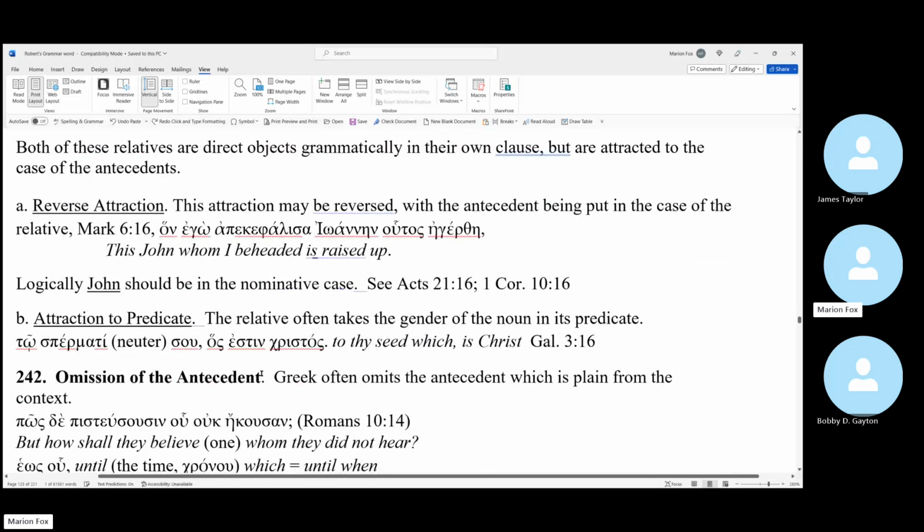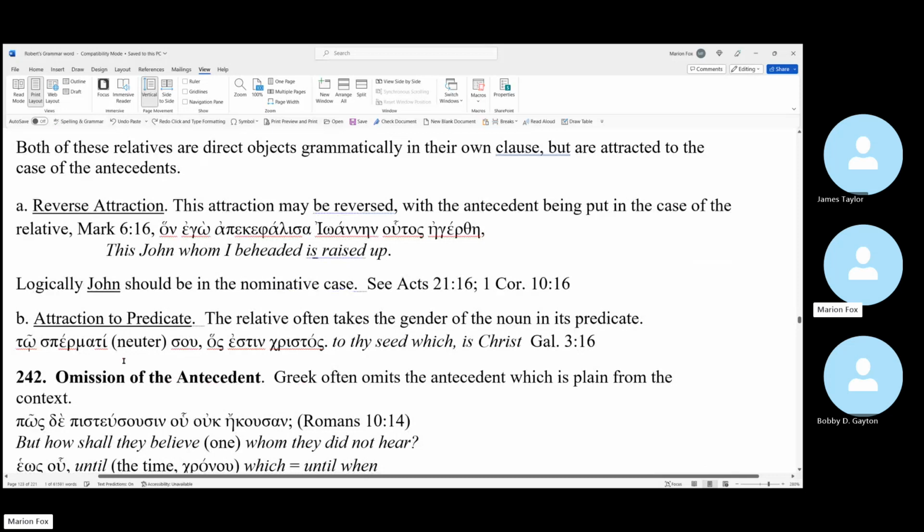So there are a lot of little things that can happen here, and this relative gets kind of messy. The relative often takes the gender of the noun in its predicate. Right here, "to thy seed, which is Christ," Galatians 3:16.